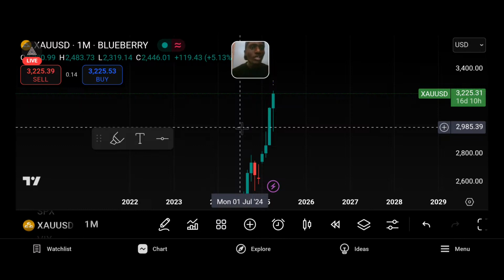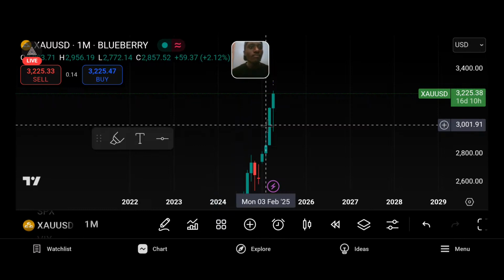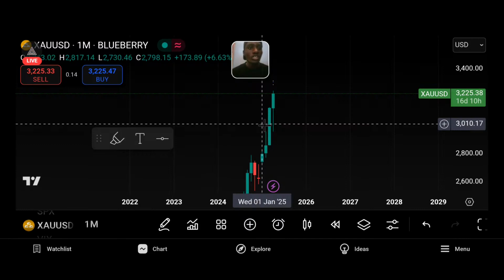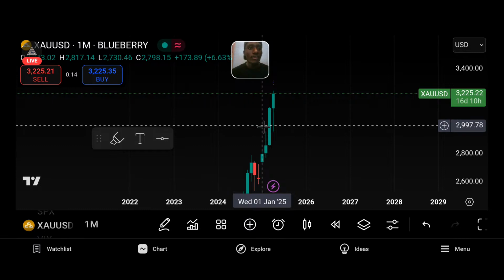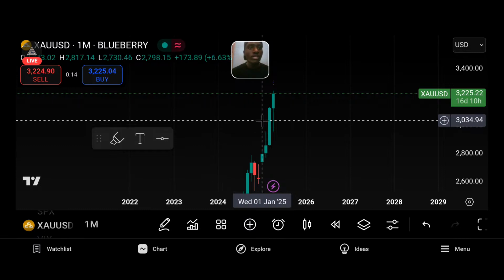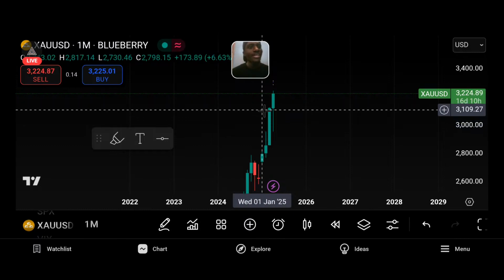But basically, you can see that the previous monthly candle closed bullish, but without a top and bottom wick, right? Specifically looking at the top wick, it didn't have one. That means there was no range for price to go up.